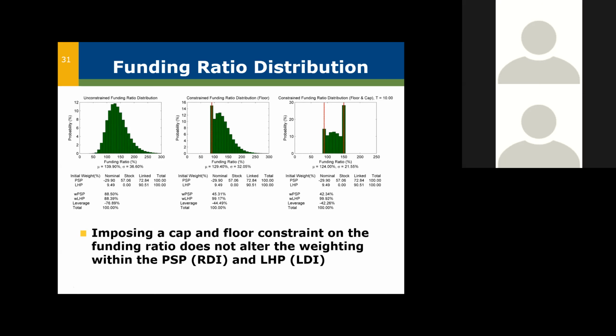I don't expect you to fully get into the details of this. You can see in this third case this distribution is really not described as a normal distribution anymore. It's kind of trimodal. It's got a mode at the floor, a mode at the cap, and a mode somewhere in between. So you're getting pretty exotic.